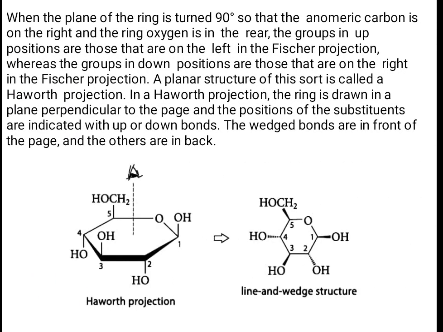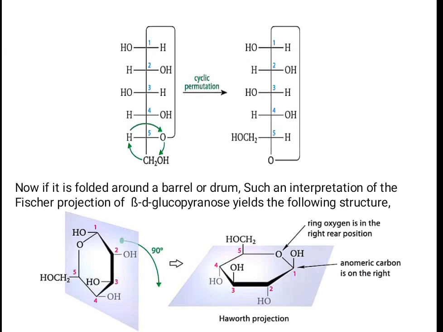When the plane of the ring is turned 90 degree so that the anomeric carbon is on the right and the ring oxygen is in the rear, the groups in up positions are those that are on the left in the Fischer projections. Now see again that in case of the Fischer projection, which groups are on the left?